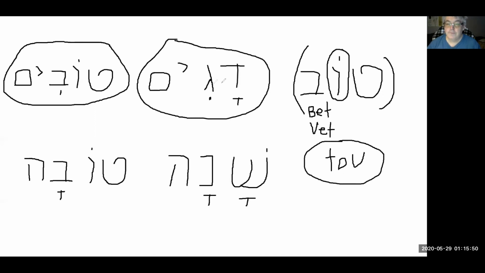So here you have dagim tovim, and you see how it rhymes. Well, that's because the endings are the same, and you get that vet with the hirik vowel, the yod and the mem, so you get tovim, and you get dagim, right? So what is that? That's the masculine plural of fish, and you get the masculine plural of good, right?